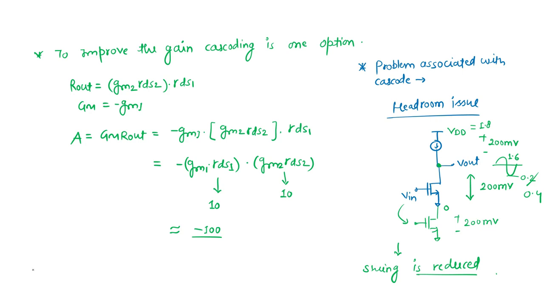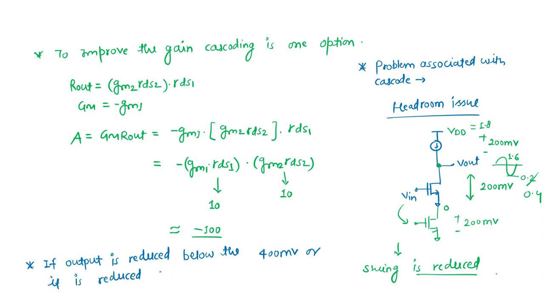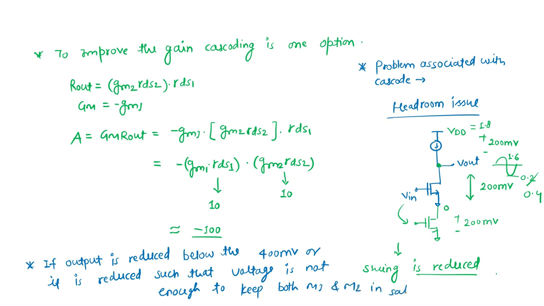Now one more question comes: if output is reduced below 400 millivolt from the above example, such that the voltage is not enough to keep both M1 and M2 in saturation, which device will go into the triode first?